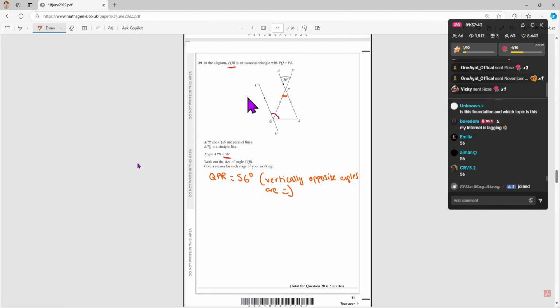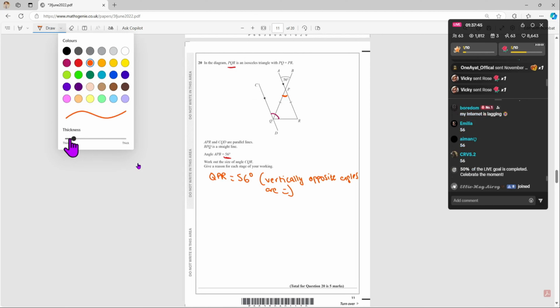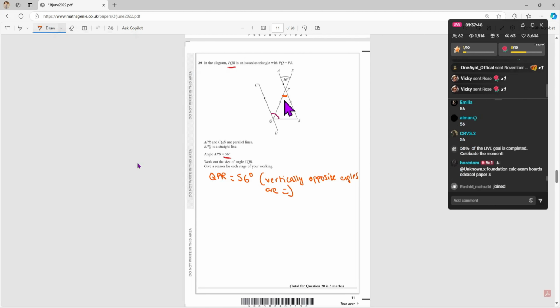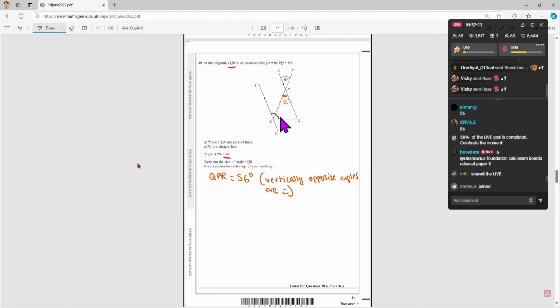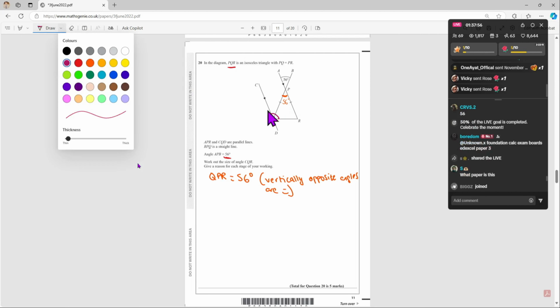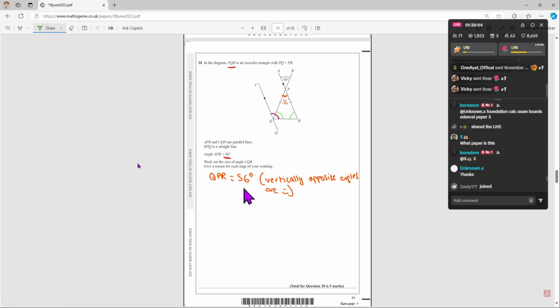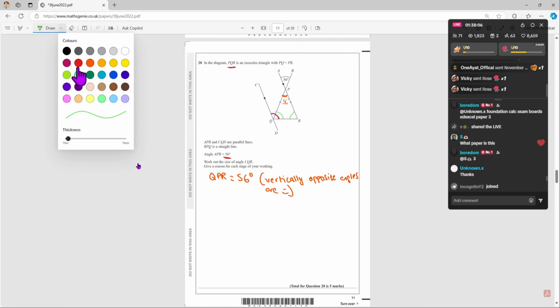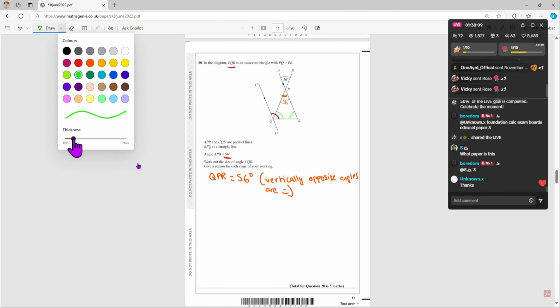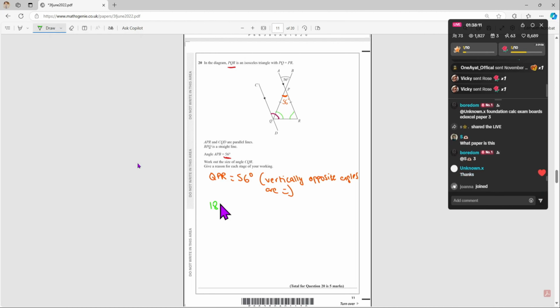So that's going to be 56 degrees. Then we can work out these two angles right here. These two angles are equal. So we're going to do 180 minus 56 and divide this by 2 to work out both of these angles, and that will be 62 degrees.